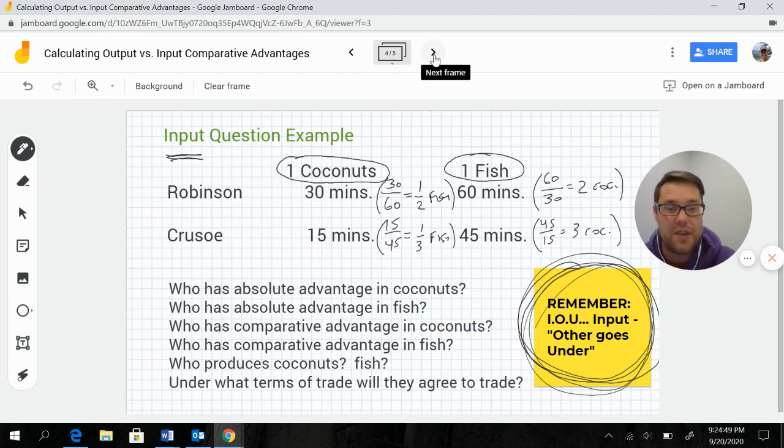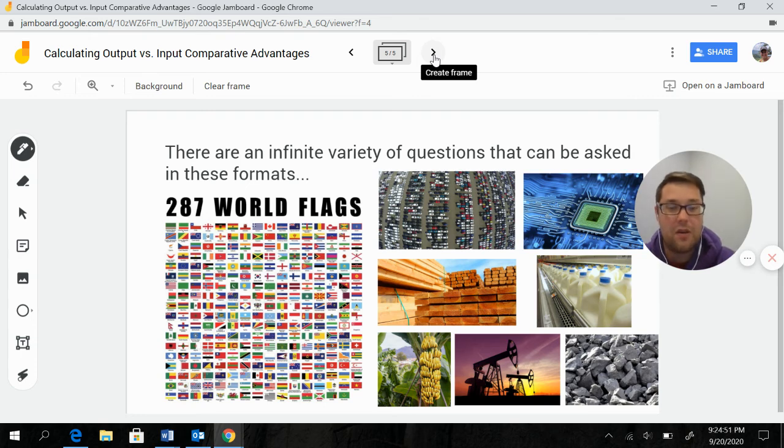Now, once we master that, we can have almost an infinite type of questions based on either one of these two formats. So instead of any two individuals on the deserted island, we could expand it. We could be talking about two different countries, essentially any two different countries, and they could be trading any two different products.